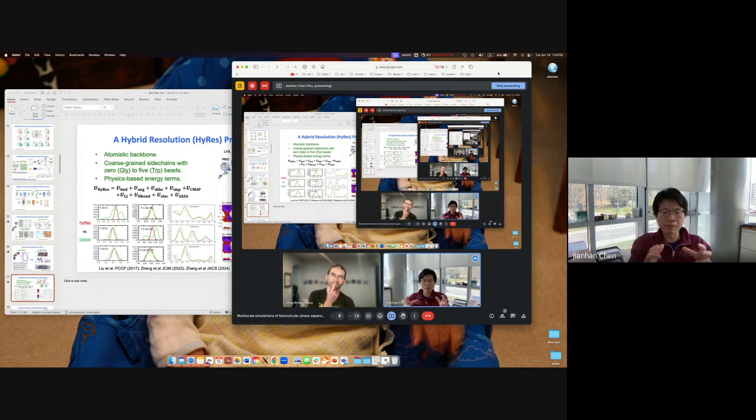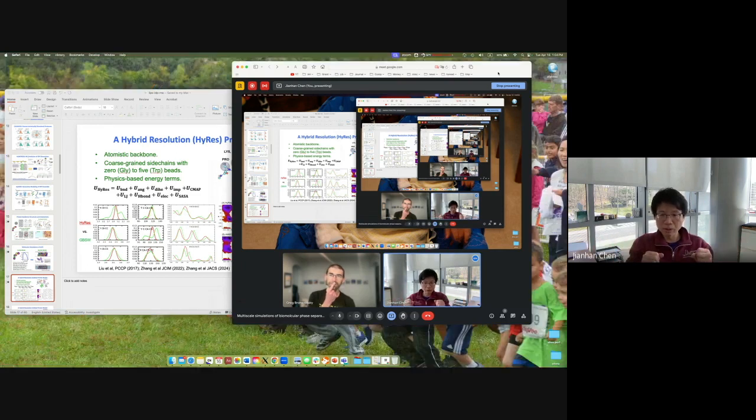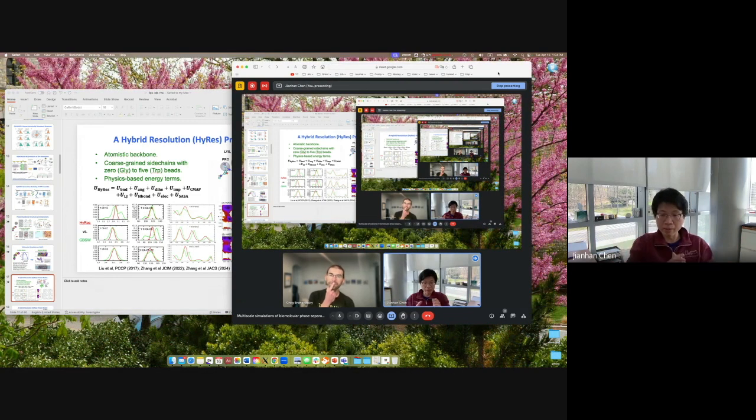For example, for disordered proteins, because it's such an important class of protein, there is now pretty high-quality data on probably 50 or 60 sequences. But for RNA, the only data we can find is on two of them, poly A and poly U, and these detailed structural properties. These are really difficult data to have.